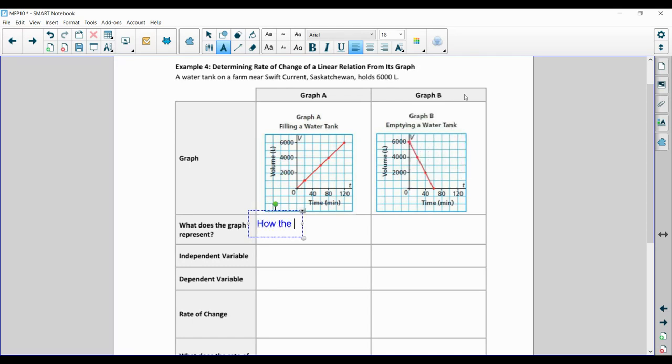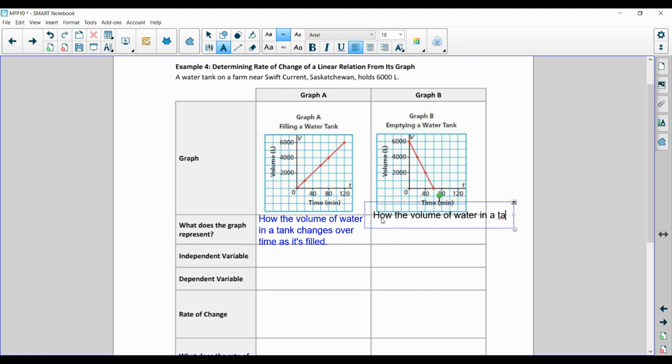So this is how the volume of water in a tank changes over time as it is filled. Okay, this one shows how the volume of water in a tank changes over time. But what's the difference? This time it's as it's emptied.